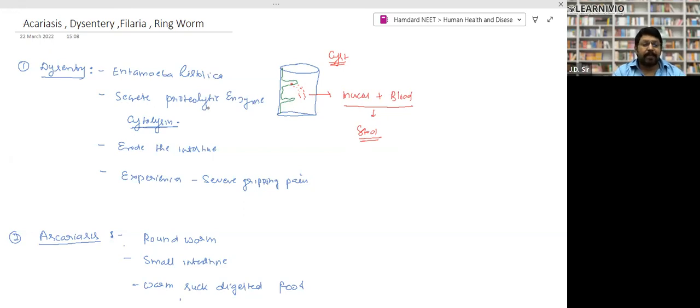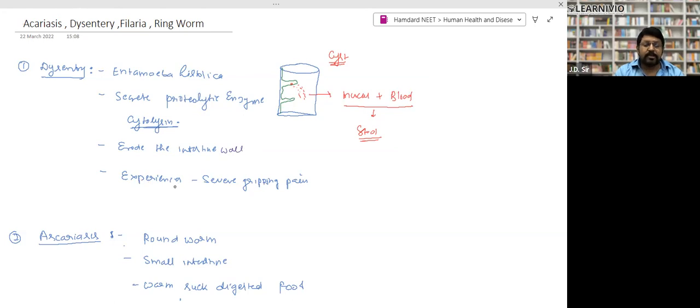It secretes a pathogenic enzyme, and the name of the enzyme is cytolysin, right? That pathogenic or proteolytic enzyme, cytolysin, erodes the intestine wall, which means it digs the intestine wall.